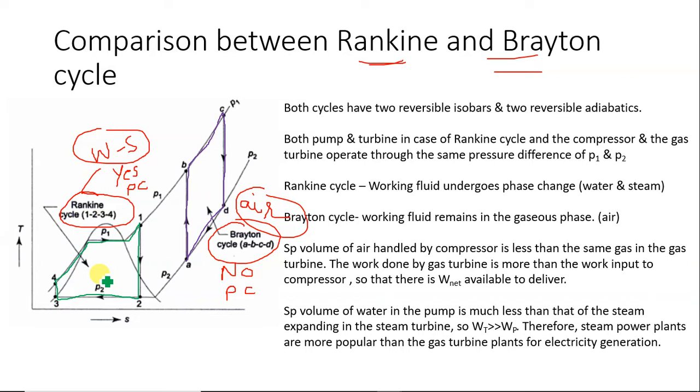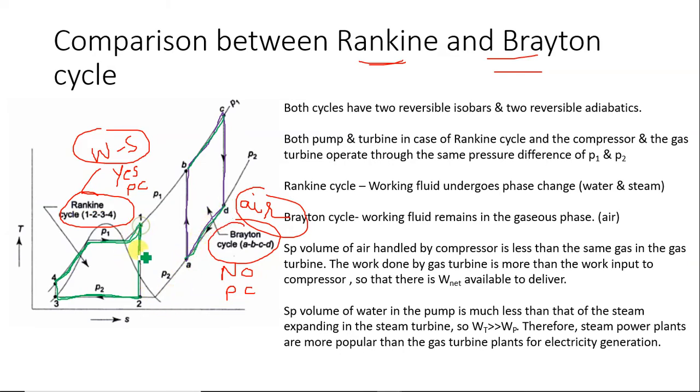Now here again I'll repeat the same things. In both Brayton cycle and Rankine cycle, we have two constant pressure processes. Namely, in Rankine cycle we have 4 to 1 constant pressure heat addition. Here we have B to C. This is also a constant pressure process. Next, 2 to 3, this is also a constant pressure process, and here D to A, this is also a constant pressure process.